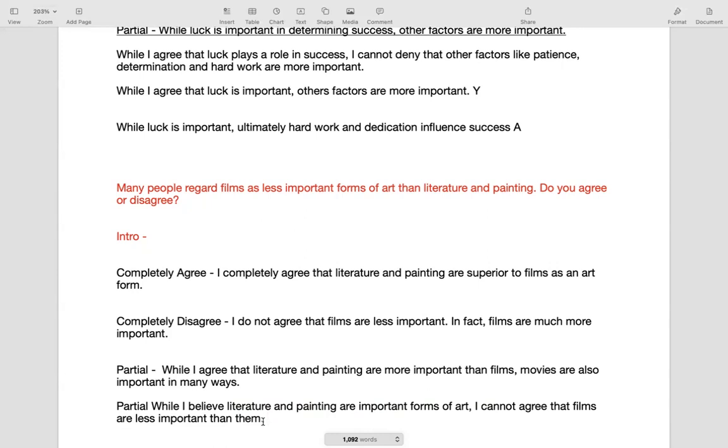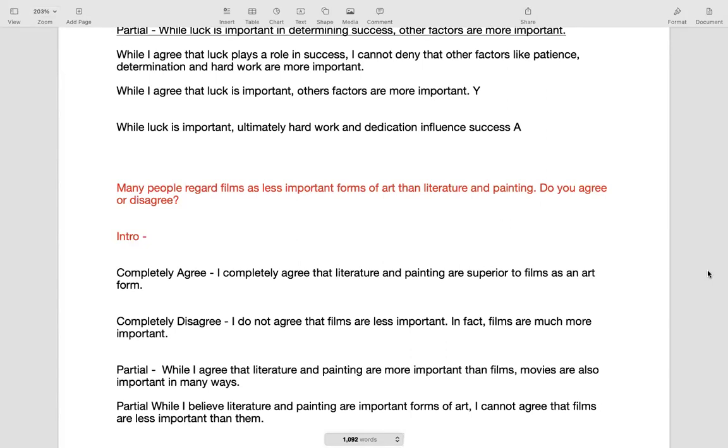Why do I think films are much more important? An emotional answer would be that paintings, novels and everything else you always consider superior. But I think movies are much more important. For what reason? More audience. That's the main point, Prashant.